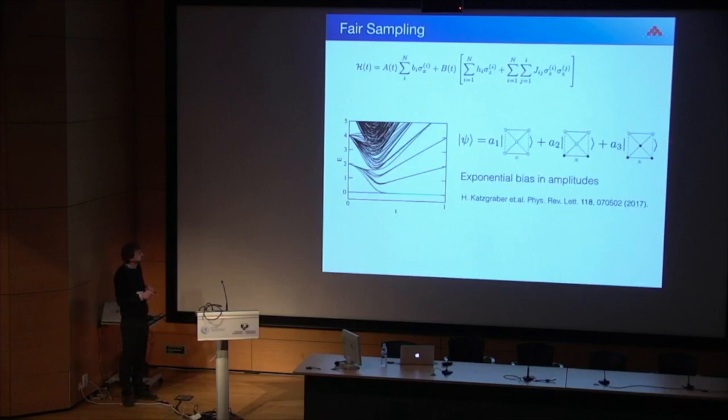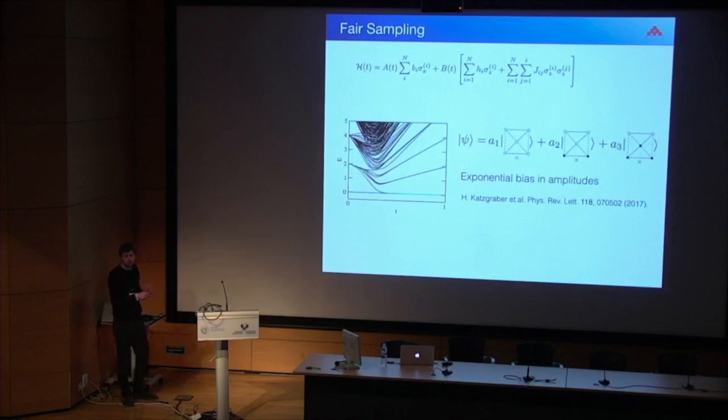So the system that he looked at was a 5-qubit system, and the degenerate ground states are these 3 configurations. So empty dots mean spin down, and filled dots mean spin up. And these 3 states have the same energy. And what he found was that there is an exponential bias.